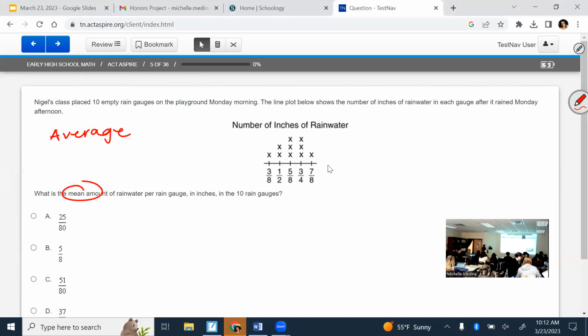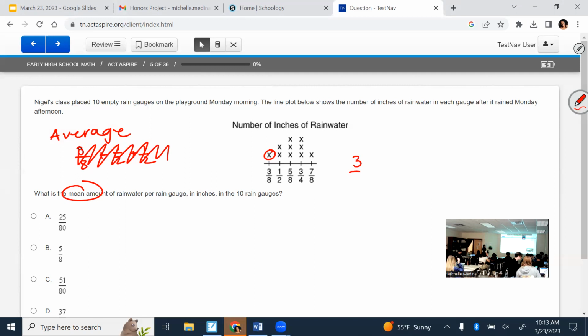And if you notice, these are fractions, right? So I have, and each x is how many of those occur. So I have to do 3/8 plus 1/2 plus 1/2. So there's 2 1/2, right? Oh, how about I make this a little bit easier?